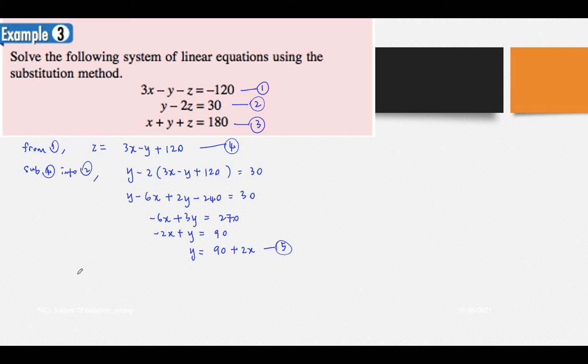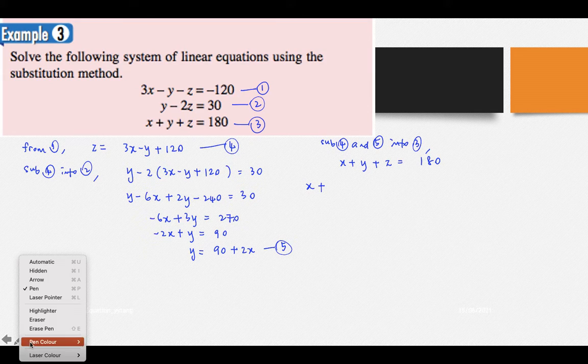Substitute 4 and 5 into 3. Saya tulis sini ya. Substitute 4 and 5 into 3. Substitute number 4 ini dan number 5 ini into sini. So, saya salin sekarang ini. x tambah y tambah z ialah 180. So, x tak ada. y, okay, y sama dengan ini. Okay, equation 5.